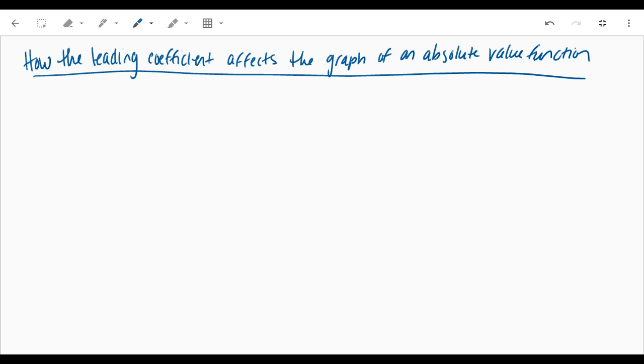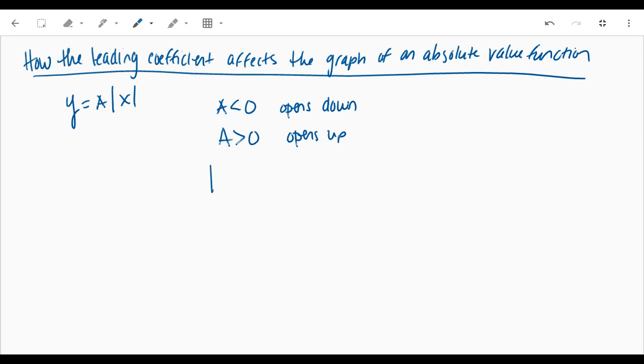If we're talking about y equals a times the absolute value of x, just like we did above: if a is less than 0, it opens down. If a is greater than 0, it opens up. If the absolute value of a is greater than 1, it's narrower. This one would be down, this one would be up, both narrower. If the absolute value of a is less than 1, it'll be wider.